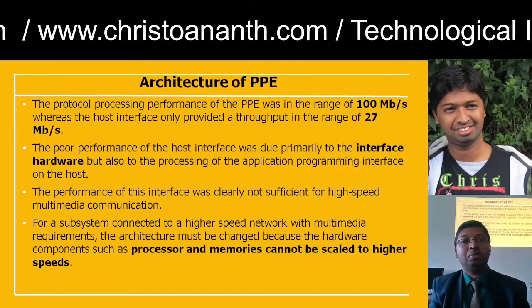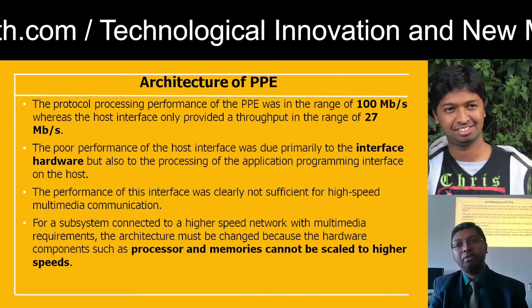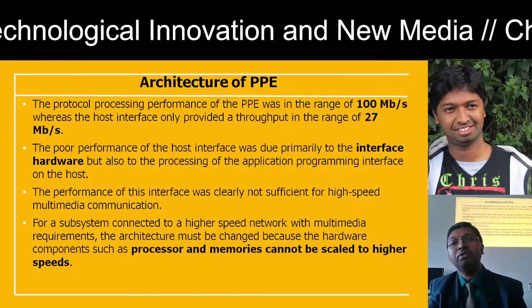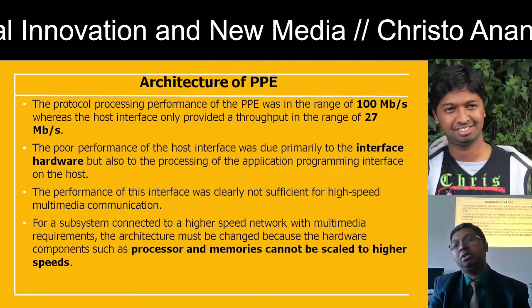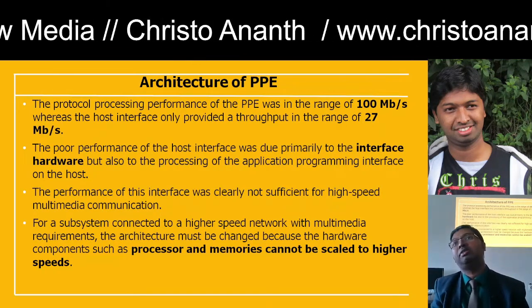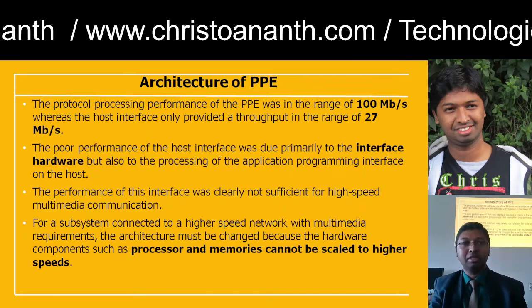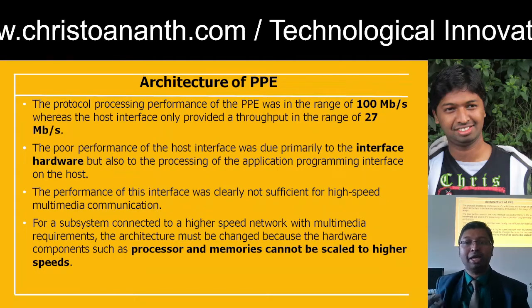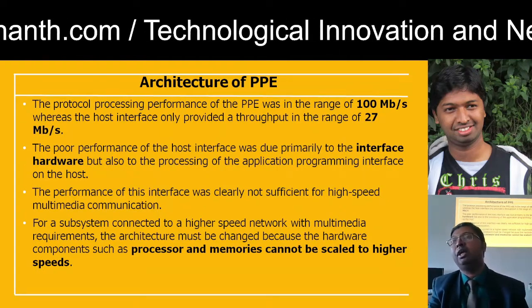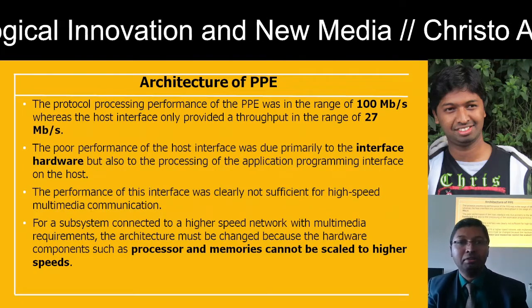Right. So the protocol processing performance will generally be in the range of 100 Mbps, for a throughput rate of 27 Mbps. Okay. So the processing power is also one disadvantage, like the available processing power is very low. So there would generally be an extra workload or overload on the interface hardware as well.